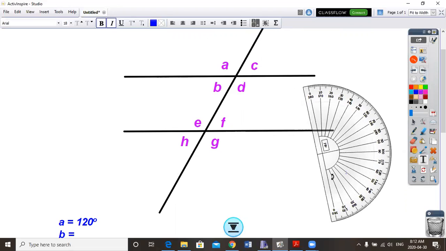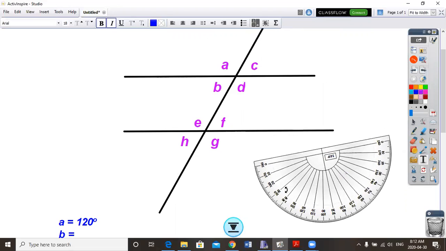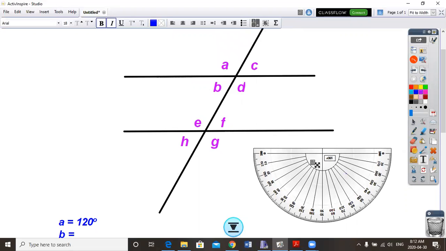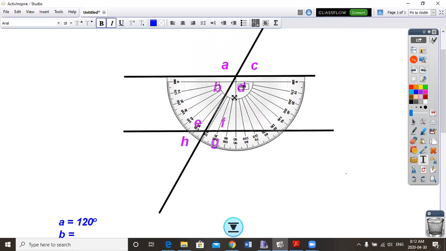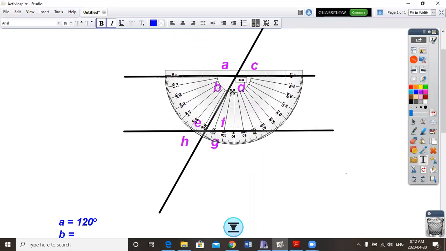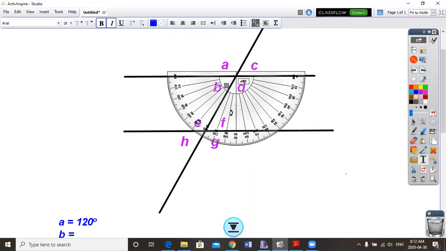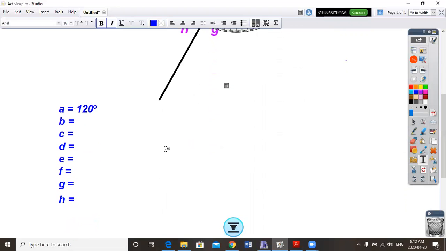I'm going to flip the protractor, making sure that it's parallel, and line it up here. There we go, crosshairs, and we'll measure. So we measure 10, 20, 30, 40, 50, and we get 60 degrees. So angle B is equal to 60 degrees.